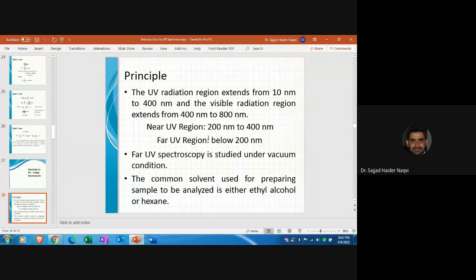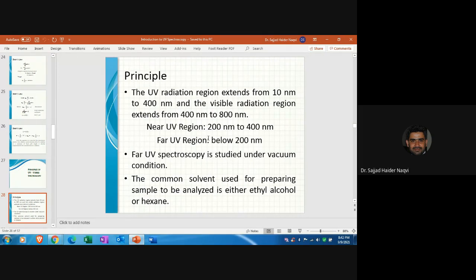So the far UV spectroscopy is studied under the conditions where you have vacuum. This is a very important thing: when you perform UV spectroscopy, specifically far UV spectroscopy, where you're using electromagnetic radiations of wavelength below 200 nanometer, there is a prerequisite that you do that spectroscopy under the vacuum condition.